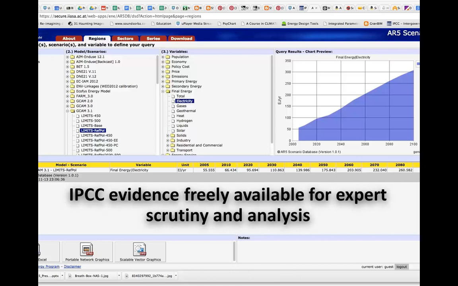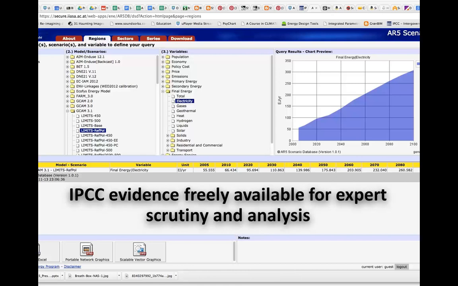But the important point about this is that the information is being made available to the whole world so that anybody can verify or check the scientific basis. And the argument now is that the scientific evidence is so strong that governments cannot fail to act for the reason that they have doubts about the evidence.